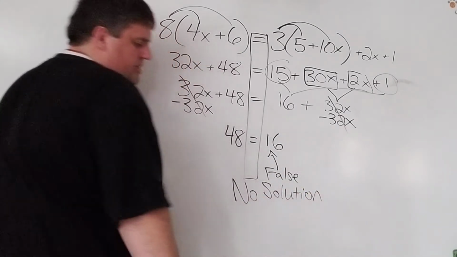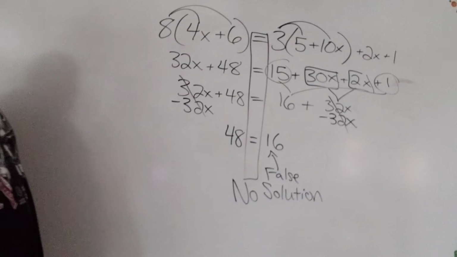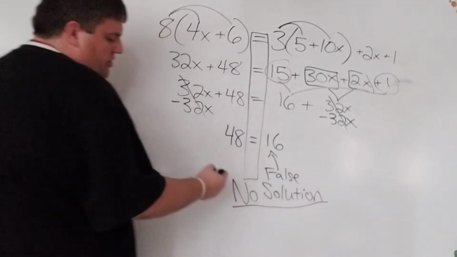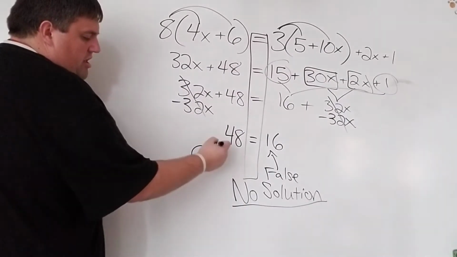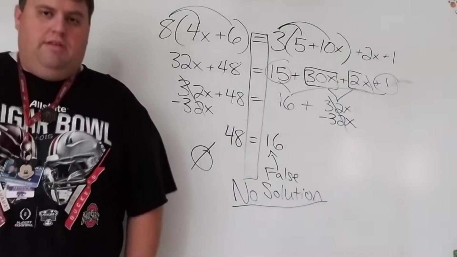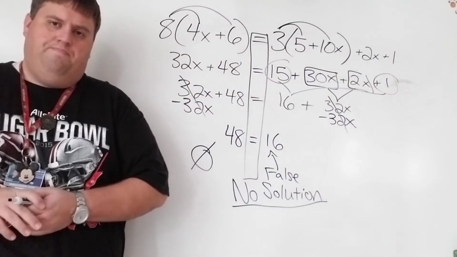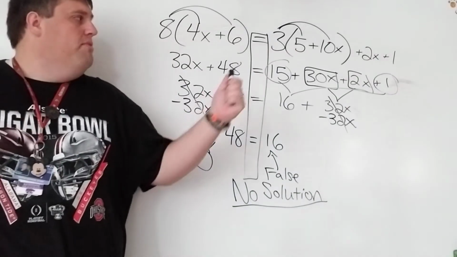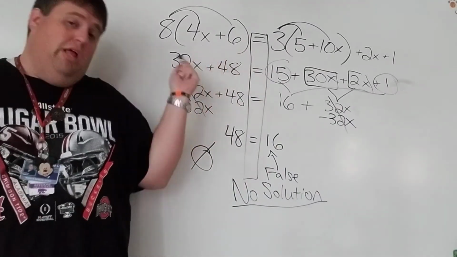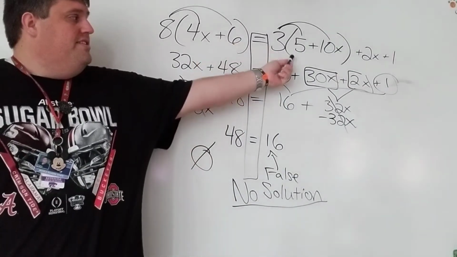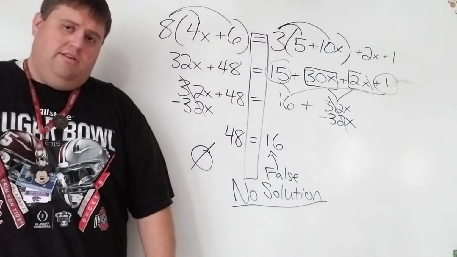No solution. You can write out the words no solution, or there's a little symbol you can use, which is a 0 with a line from the top right to the bottom left. Either one is going to be fine with me. No solution literally means there is no number that exists that you could plug in for x that would make this side of the equation the same as that side of the equation.